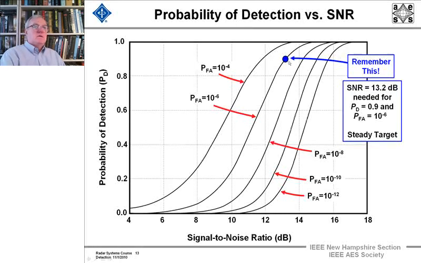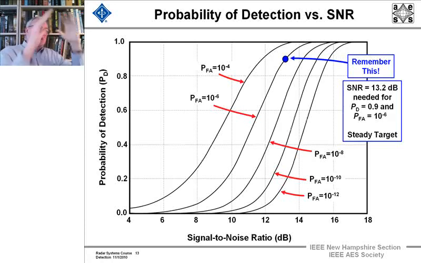Now, this is one good thing to remember, like a rule of thumb. A radar will work well if it's got a steady target and you've got a probability of detection of 90%, 0.9, and a probability of false alarm of 10 to the minus 6. That's a probability of false alarm per decision or per cell.